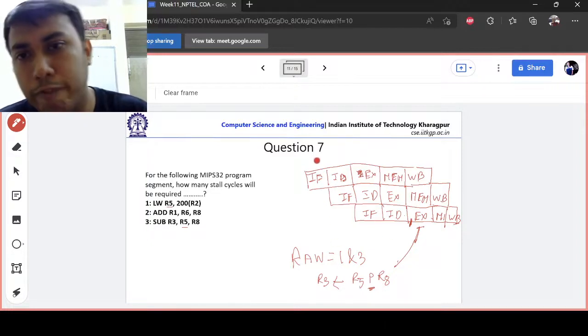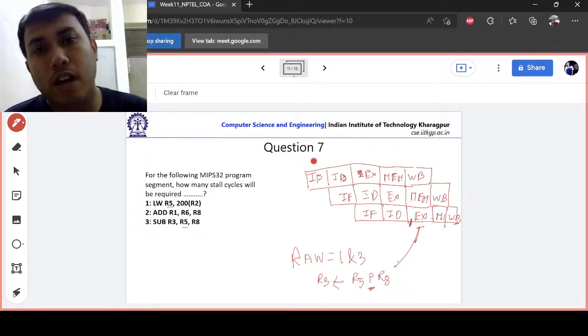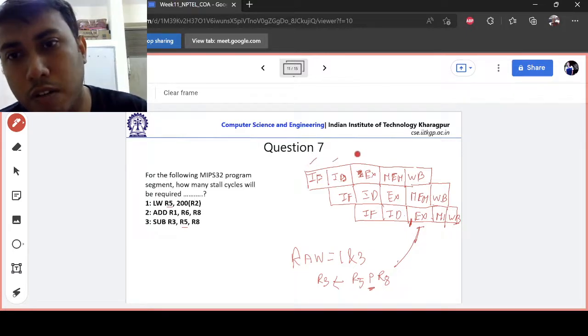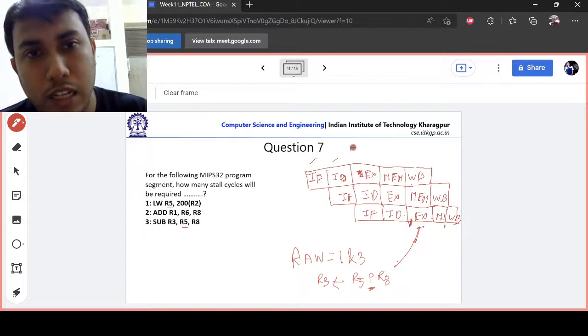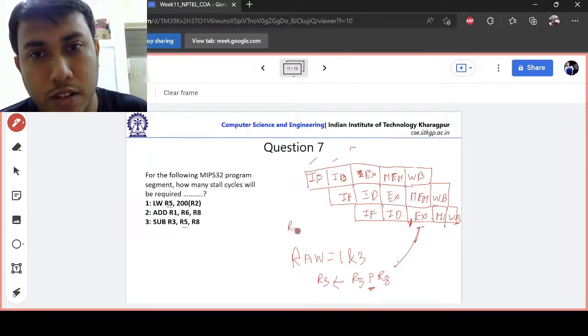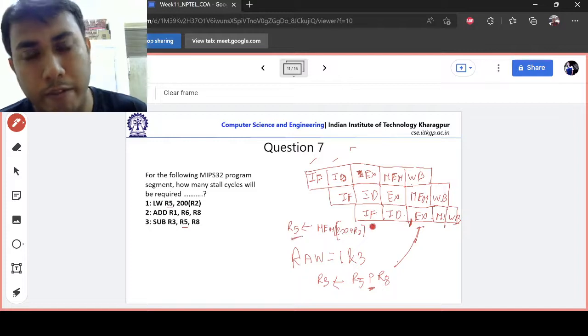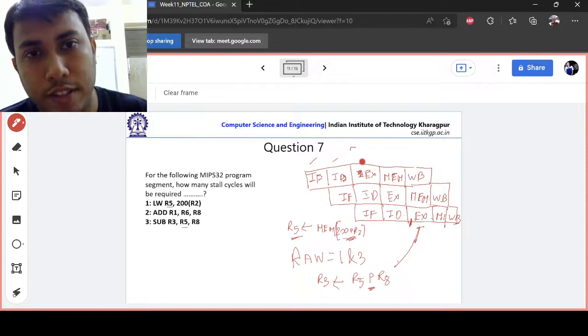Now notice the first instruction: instruction fetch, instruction decode. What happens in instruction 1? It is basically a memory operation on 2000 and R2, and this memory value gets stored in R5. Where does the addition occur? It occurs here. Where does the memory operation occur? It occurs here.